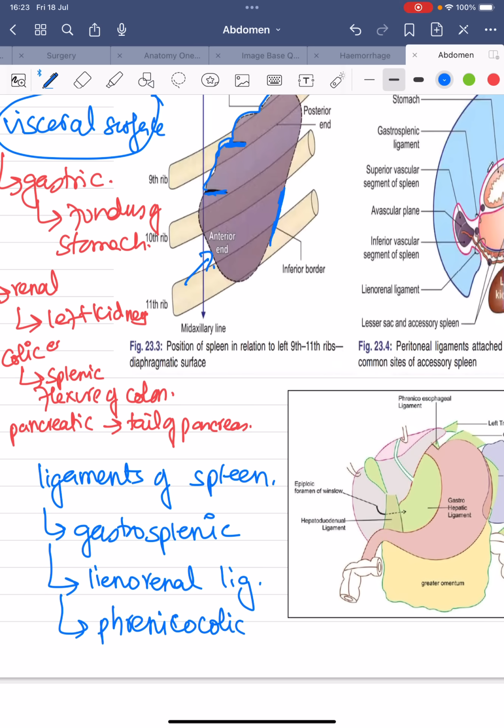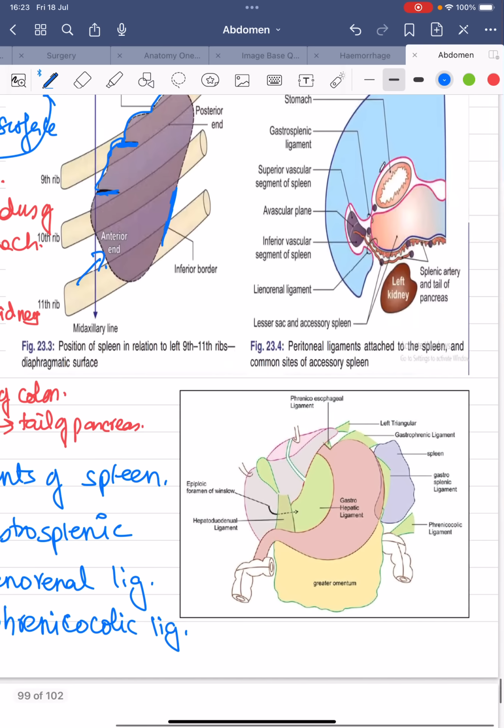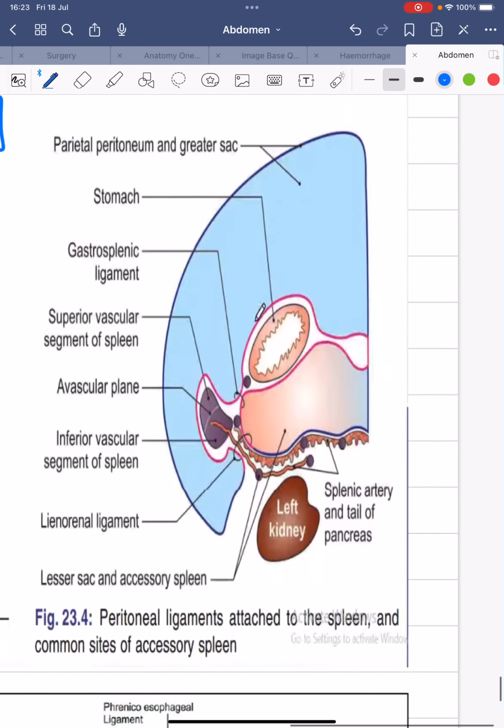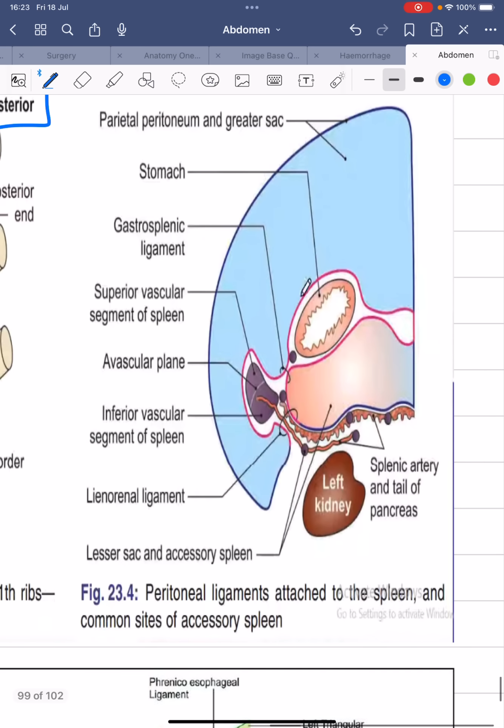Now see this diagram. This is the cross section. This is our spleen, which I am highlighting in blue color, and this is the stomach. The stomach is making a ligament with the spleen.